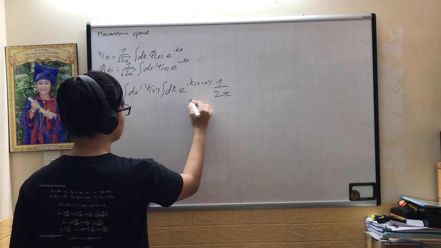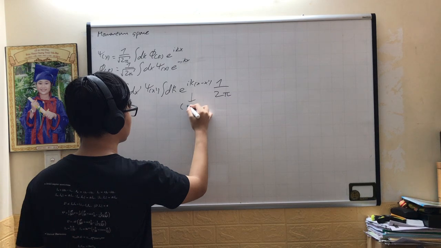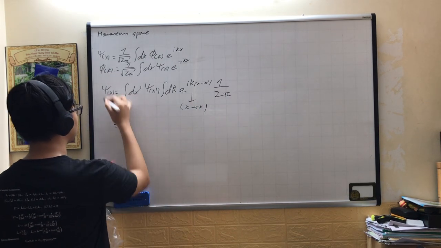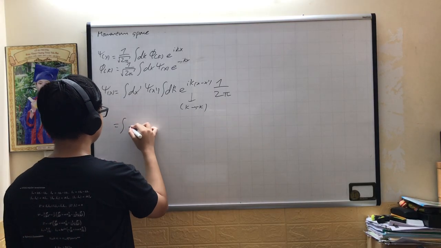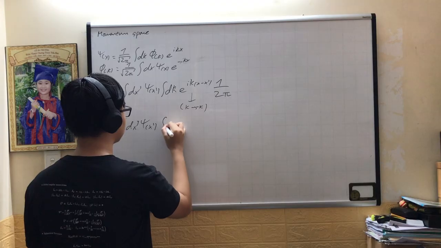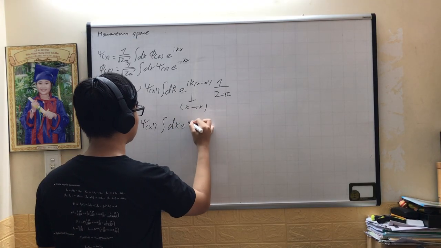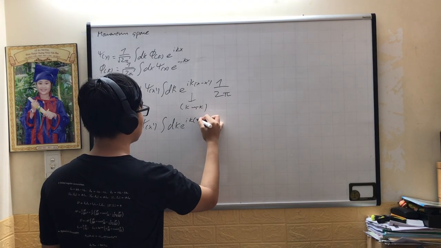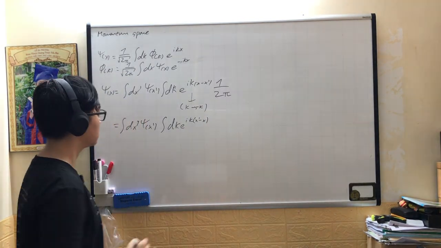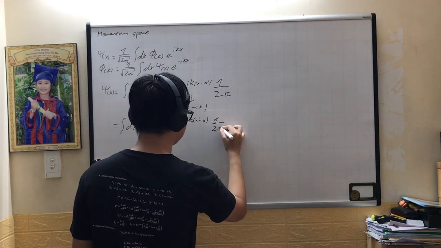Now your psi of x would be equal to the integral over x prime of psi of x prime, dk e to the i k times x minus x prime, over 2 pi.